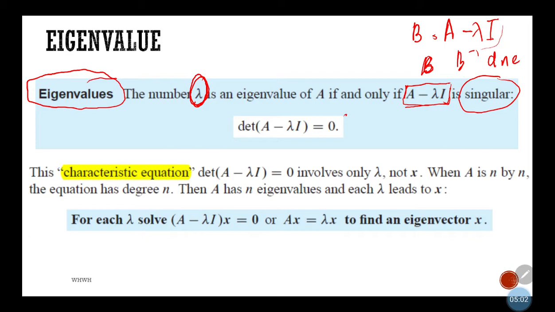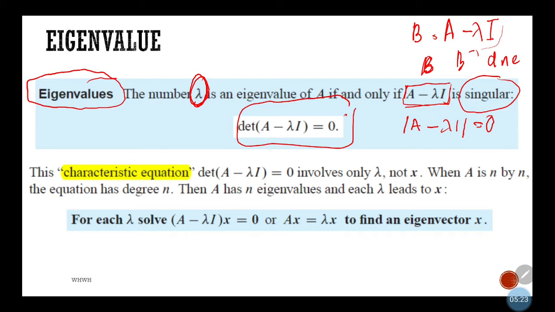So if B inverse does not exist, it means the determinant is equal to zero. So the determinant of A minus lambda I is equal to 0. That's why the condition comes here.